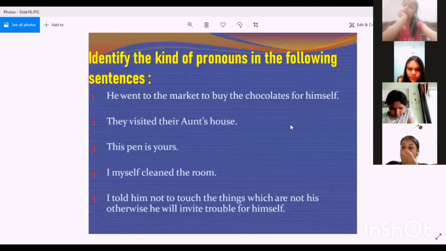Alright. Yes. So this is your answer. Okay. Anybody else having reflexive pronoun? All right. I got your answer, Atal.